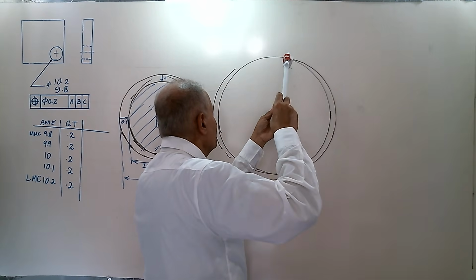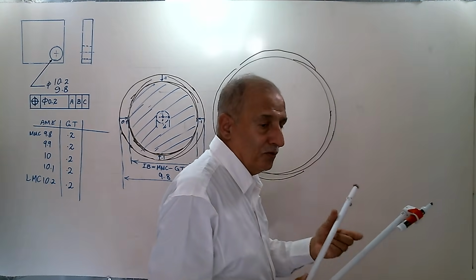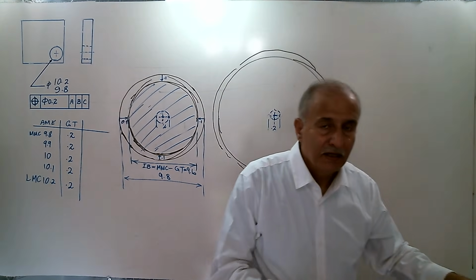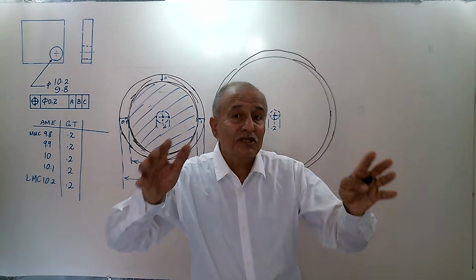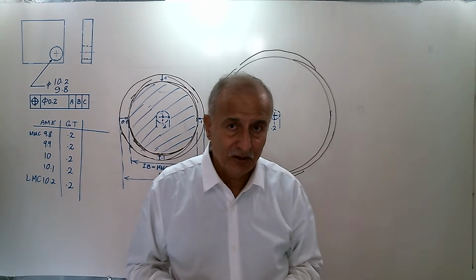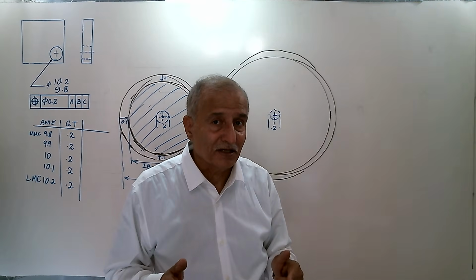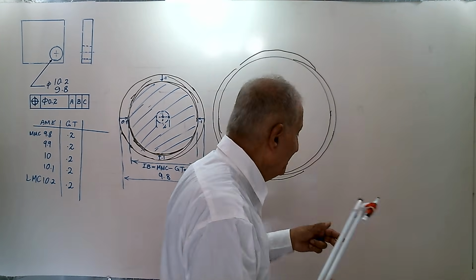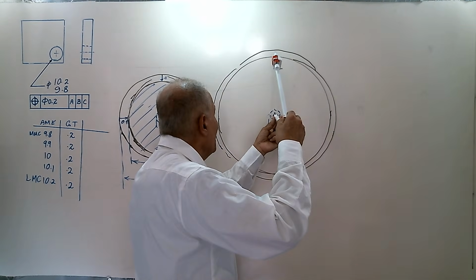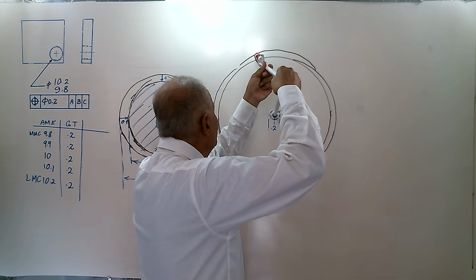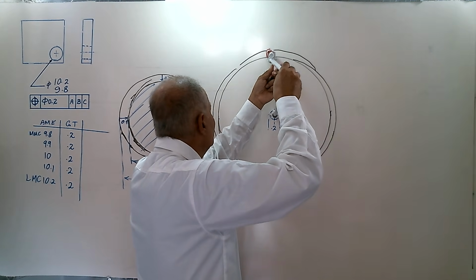If the center is shifted up, the edge of the hole will be there. Then the smallest circle that encloses all these circles, or circumscribes all these circles, is the outer boundary of the hole with this radius.